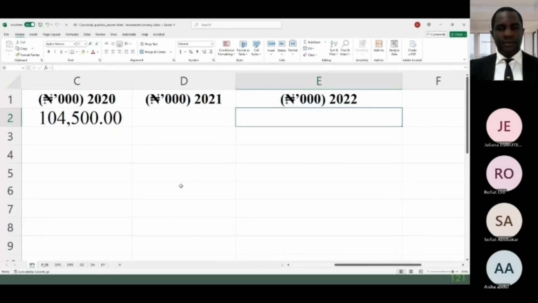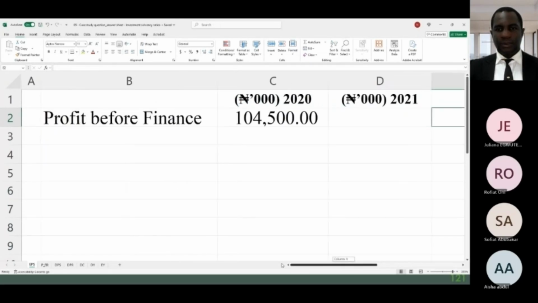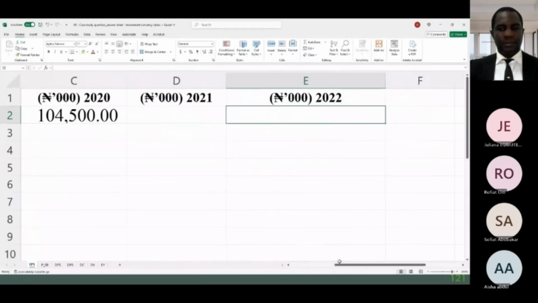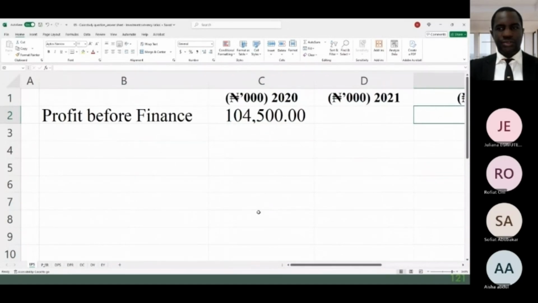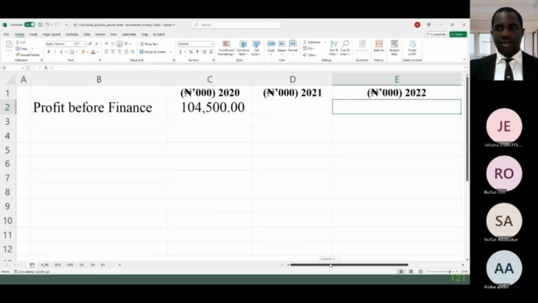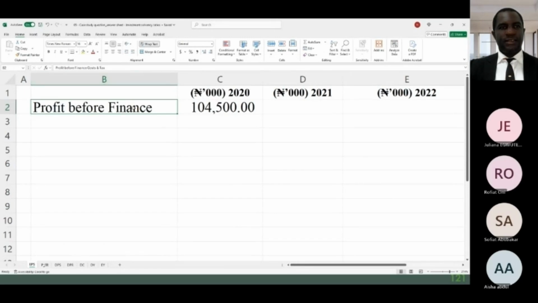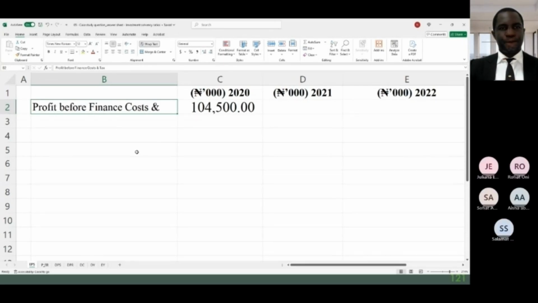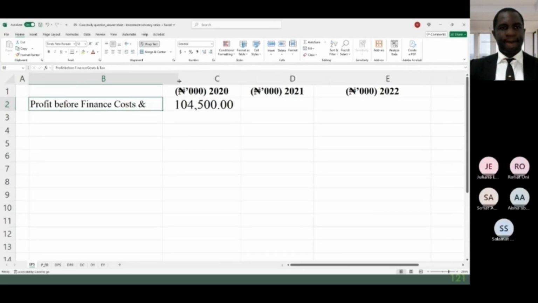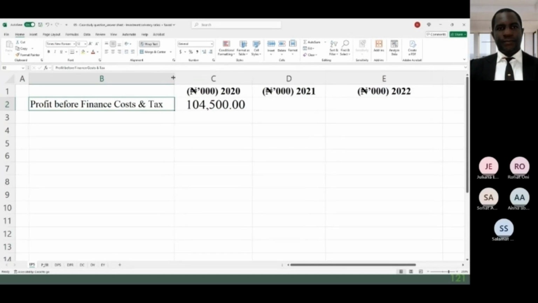Just want to reduce the font a bit so that we can capture the trace. All right, fantastic. So we have our profit before finance costs.